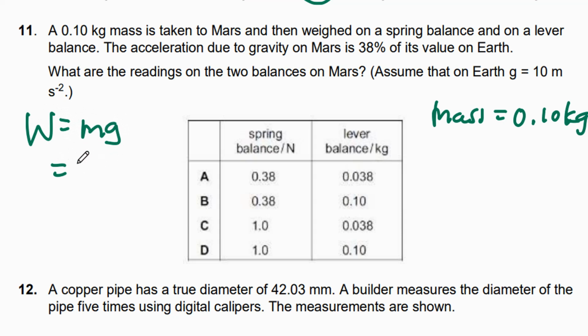So m is 0.10. g will be 38% of 10, so 10 times 0.38. And this is equal to 0.38 newtons. So which answer corresponds to these two? And of course the answer is B.